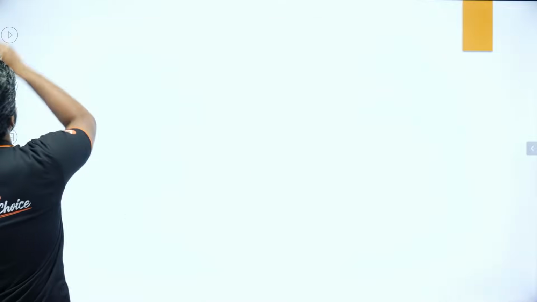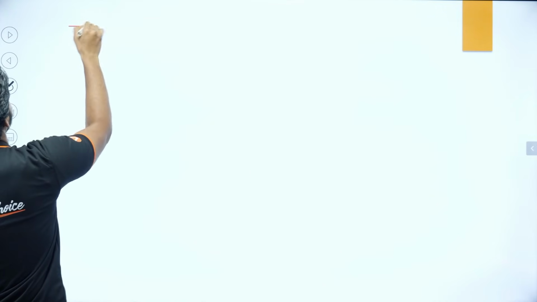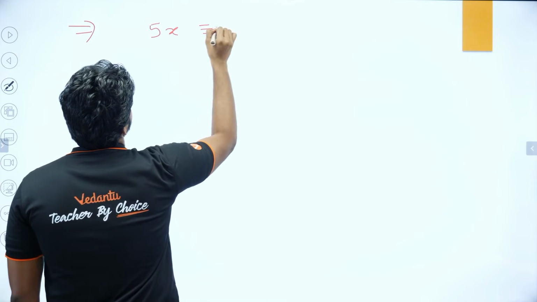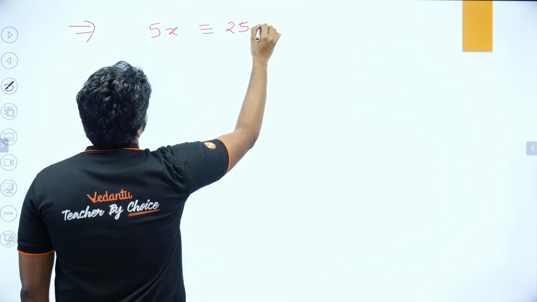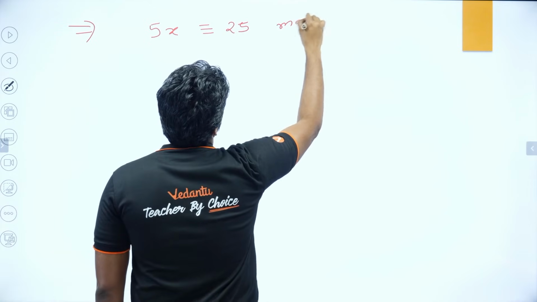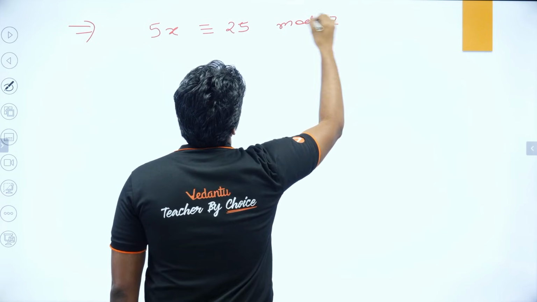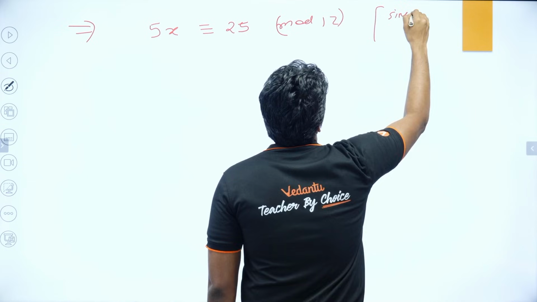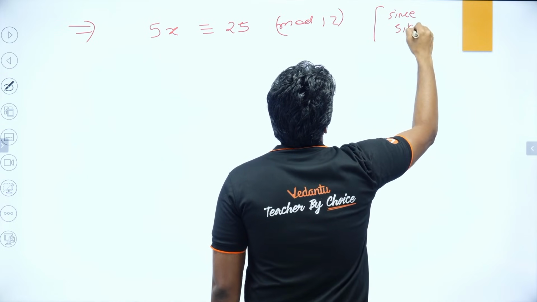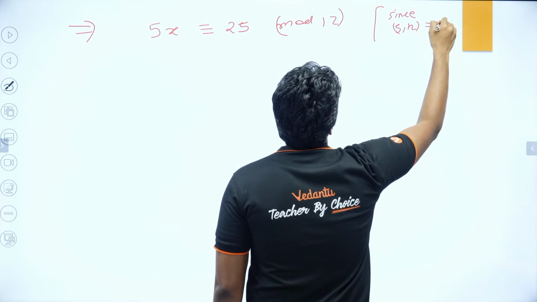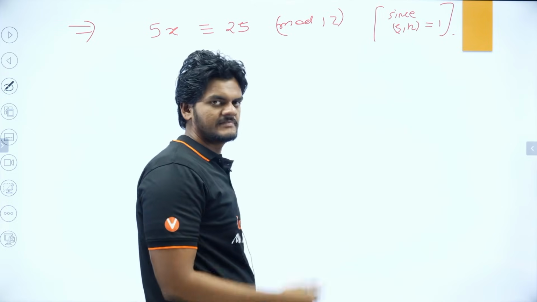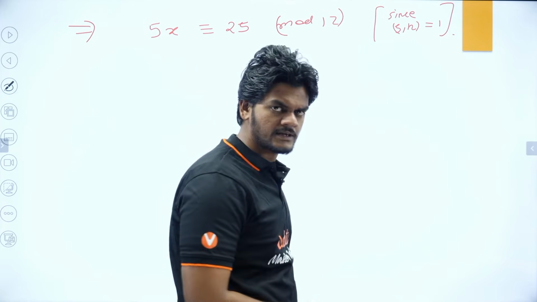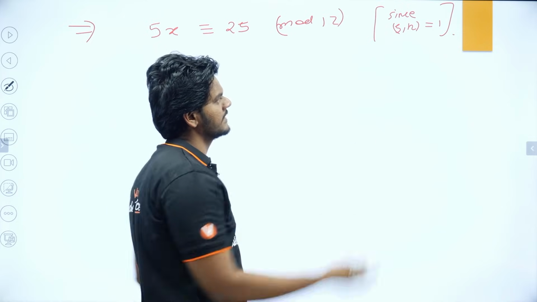So that implies 5x is congruent to 25 mod 12, and since the GCD of 5 and 12 is 1, please check, there is no other common divisor, there is only 1.